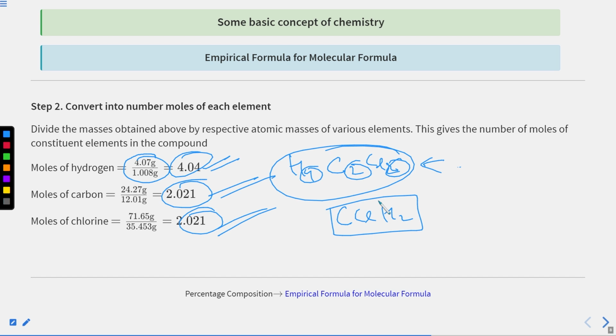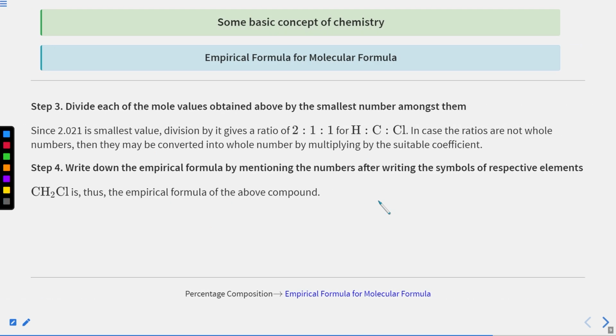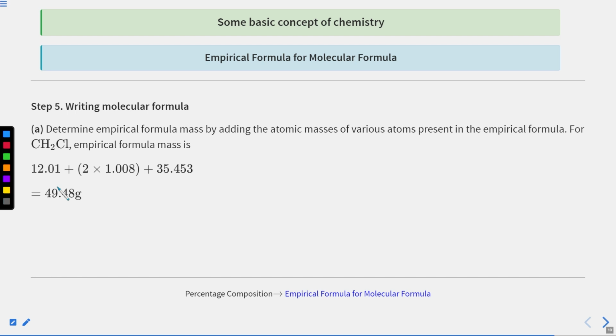And how we will calculate the molecular formula, we will see. For that we get this much, so we can write this as CH2Cl. Now we will calculate the molar mass using this CH2Cl. So 1 carbon, 12, 2 hydrogens, 2 into 1.008, and 1 chlorine, that is 35.453.